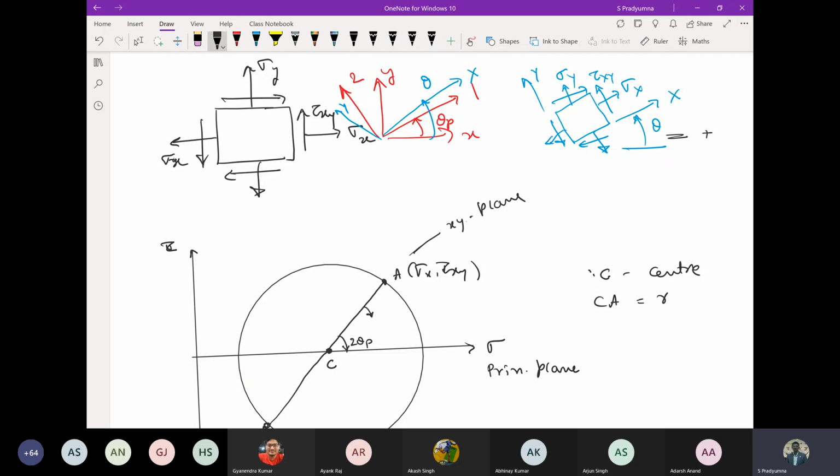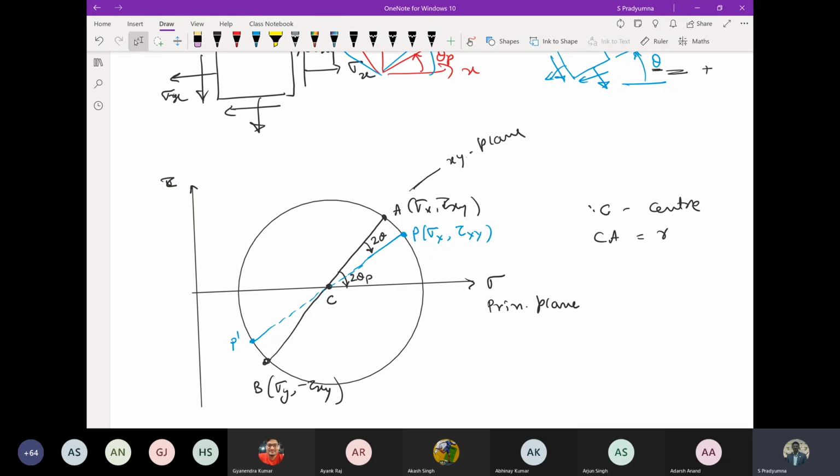So if we rotate by angle theta here, we do it by 2 theta in this Mohr circle. That means I end up getting a line like this. I call this point P, with sigma capital X and tau capital XY. I can call it P dash.